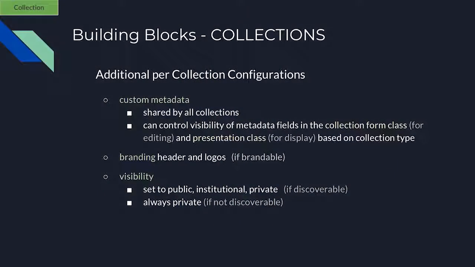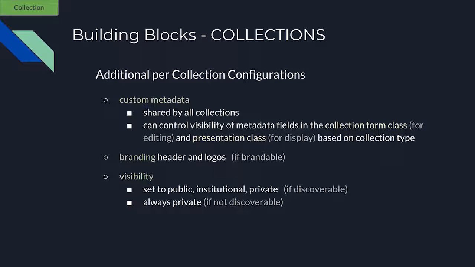So there's a couple of additional configurations that can be done for a collection. The customized metadata is done before the user ever sees the collection. That's done in code. So you can edit the collection model, and you can list out what properties are going to be seen in that collection.